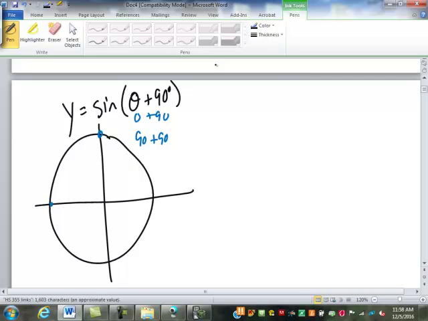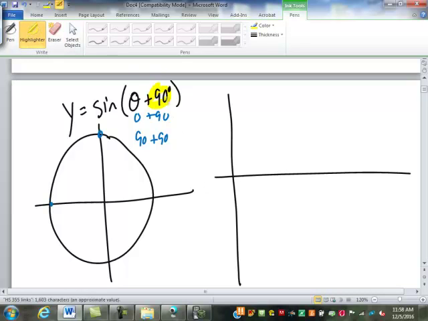There's a trick that I use to make this simpler for me. If I'm doing this on a test or a quiz, I would do this on a scratch piece of paper and draw it out, ignoring this. So I've got 90, 180, 270, 360.